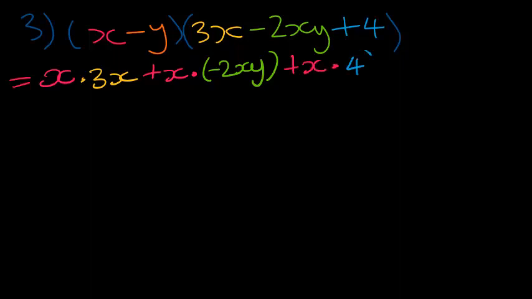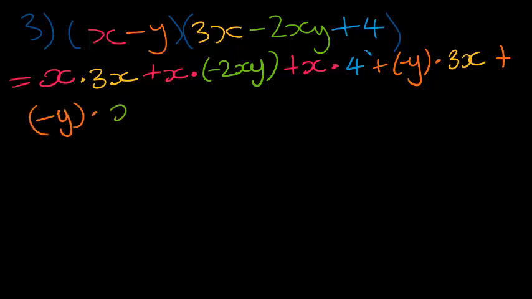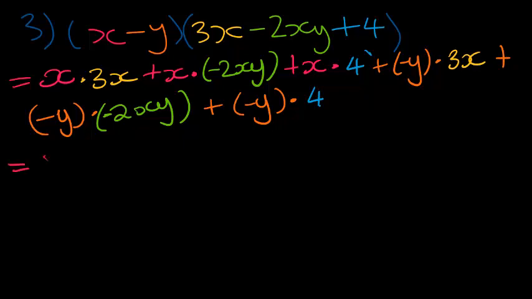Then we continue with the orange, plus minus y times 3x plus minus y times negative 2xy, don't forget the minus, plus minus y times 4. Okay, let's multiply it out. x times 3x gives me 3x squared. x times minus 2xy gives me minus 2x squared y. x times 4 gives me 4x.